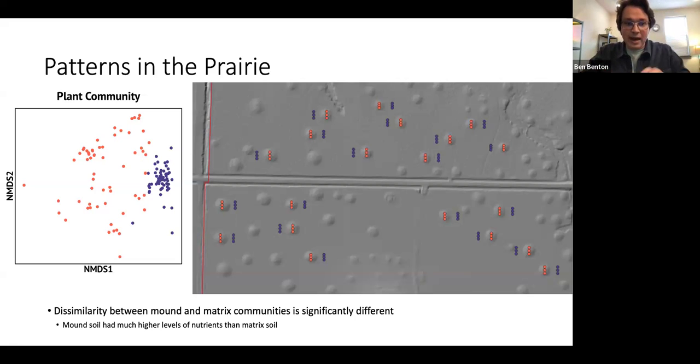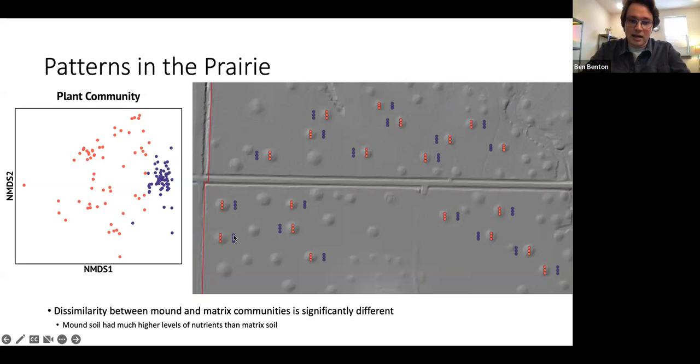So you can see that we have really distinct differences in the plant communities between the pimple mounds and the prairie matrix. To drive this home, the prairie matrix communities are more similar to each other than they are to pimple mound communities, and vice versa.